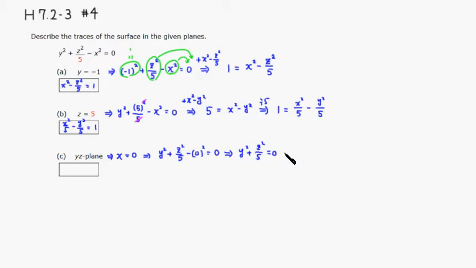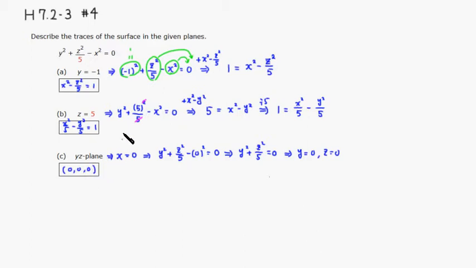So this means that y equals 0 and z equals 0, and x is also 0. So there's only one point, which is (0, 0, 0).